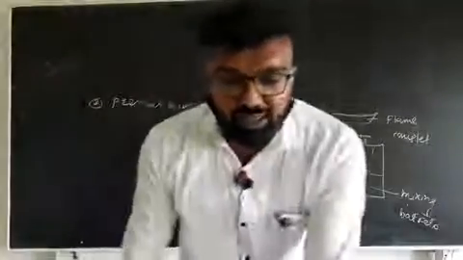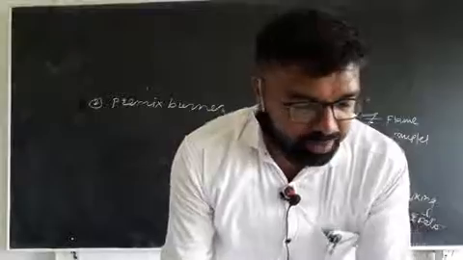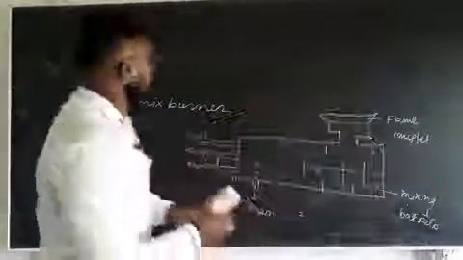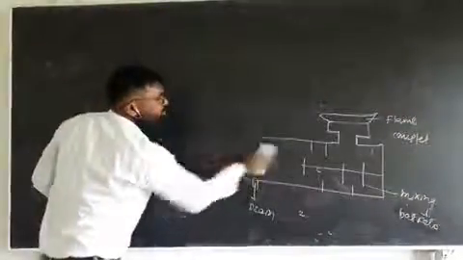Then the second component of flame photometry is a mirror. Why is the mirror used? When the sample is burned inside the flame, the atoms go to the excited state and come back to the ground state. During the de-excitation process, radiations are emitted.